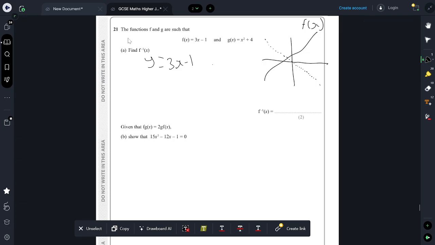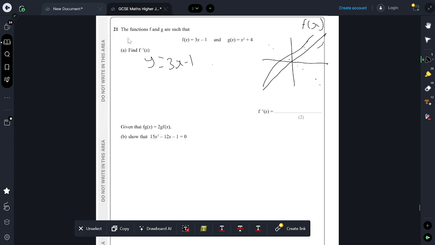No, it's y is x. Sorry, it goes to minus x, but that's not the line you're reflecting in. I did need to double check that actually. You don't need to know this for GCSE though, but you will need to know it for A level, if you ever do it. Anyway, so the idea is, if you draw y is x, you reflect it in this line. So that's your inverse, right?